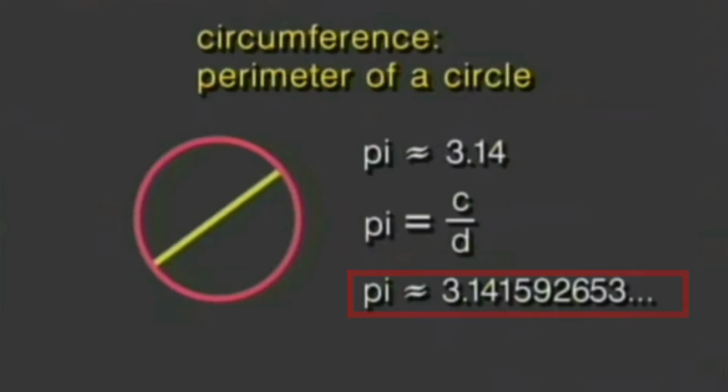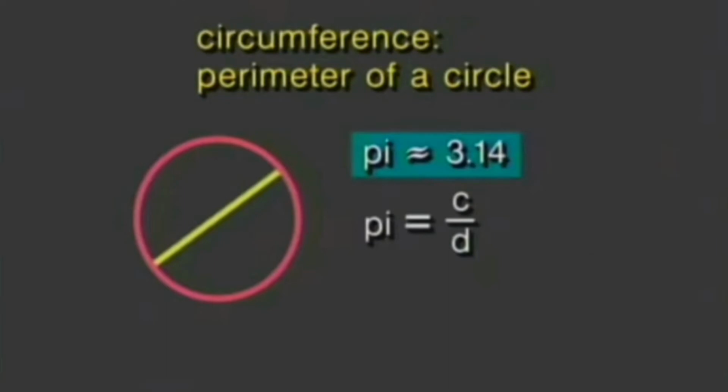Remember, these are just approximate values of pi. These are not exact values of pi. For ease of calculation, the value of pi is taken to be 3.14. This is a very interesting fact. Now you do not need to remember this huge number. It has a special symbol called pi.